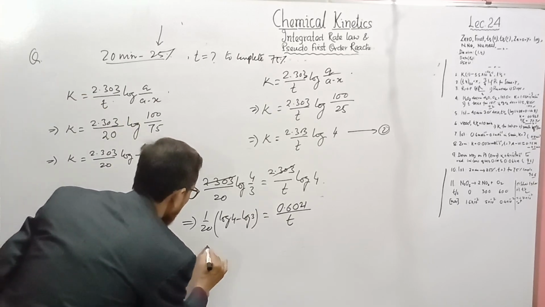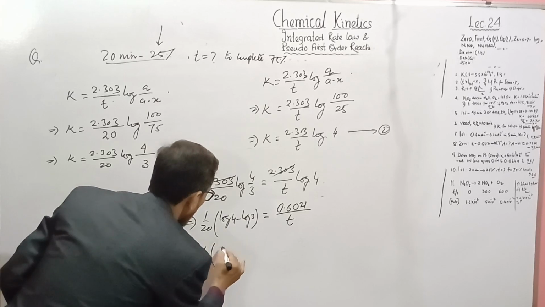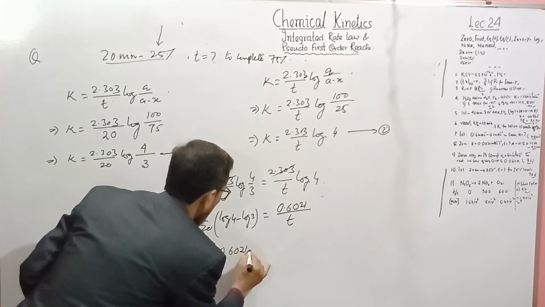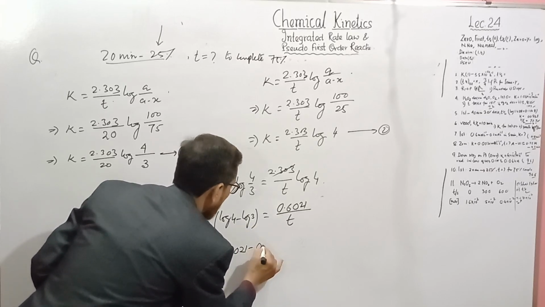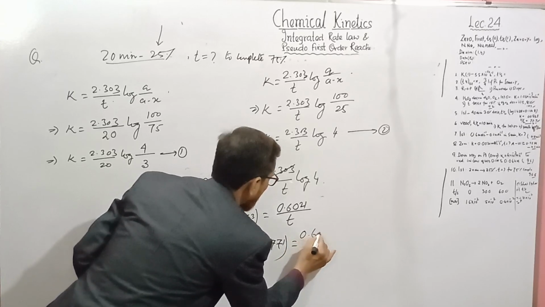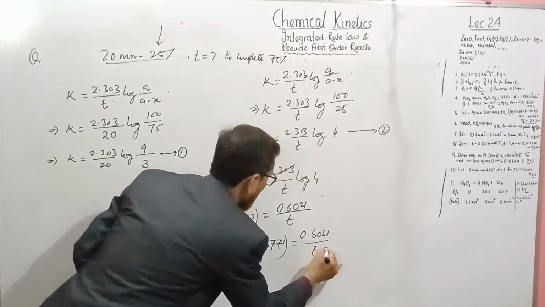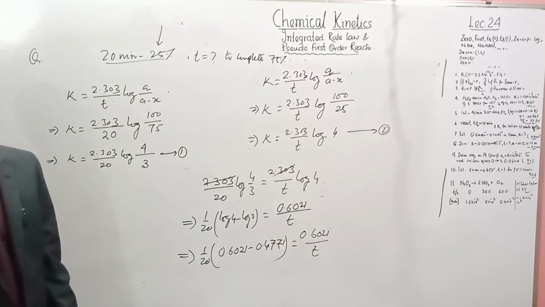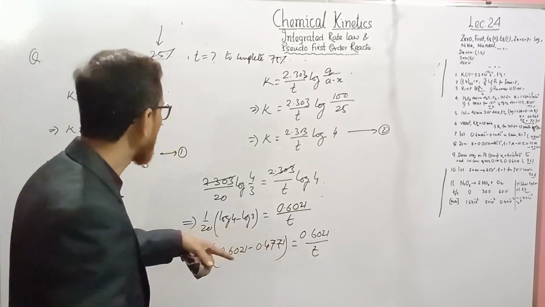So 1 by 20 log 4 is equal to 0.6021, and log 3 is equal to 0.4771. You solve it out simply to find t. I am not doing it because it takes time.